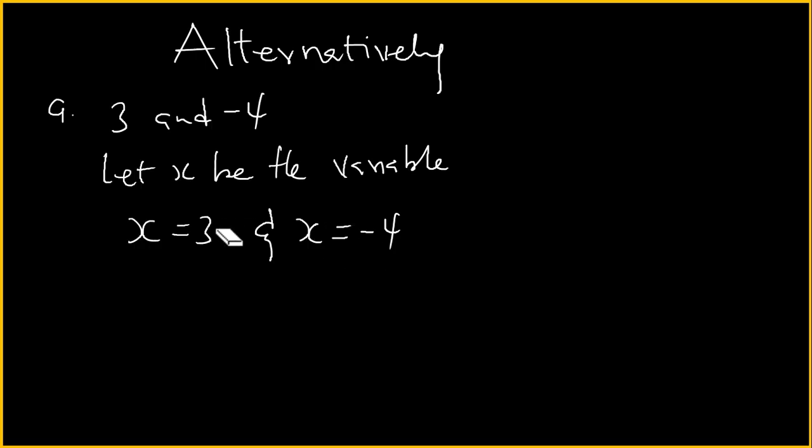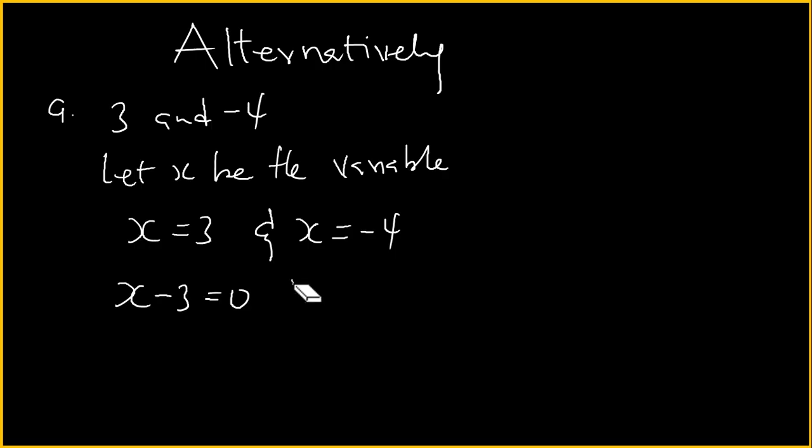So this can be grouped into factors by taking the 3 to the left hand side of the equation. Taking it from the right hand side to the left hand side, here is positive, so crossing the equal sign, it changes to negative. Now x minus 3 is equal to 0. So this is the factor, this is the 0.